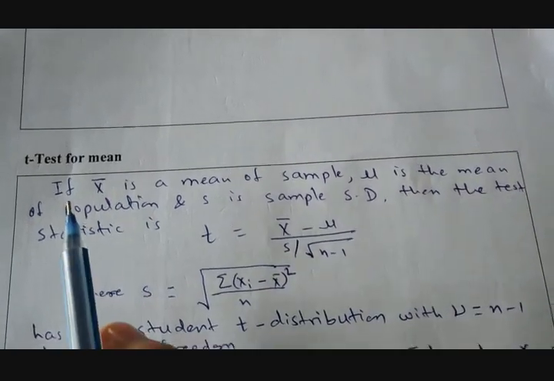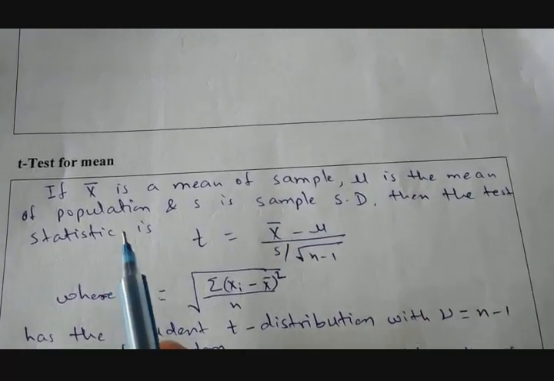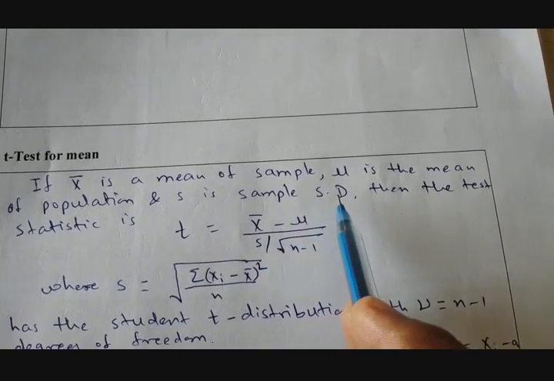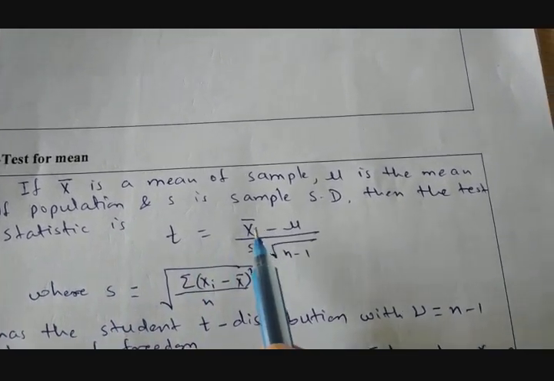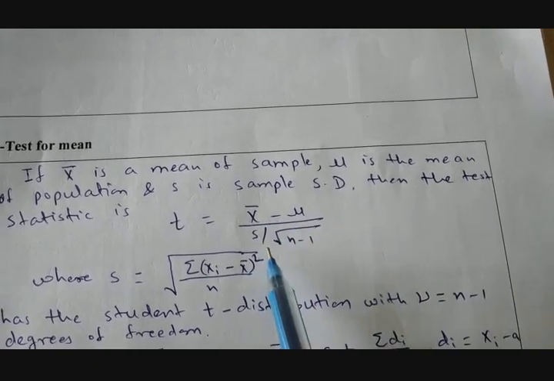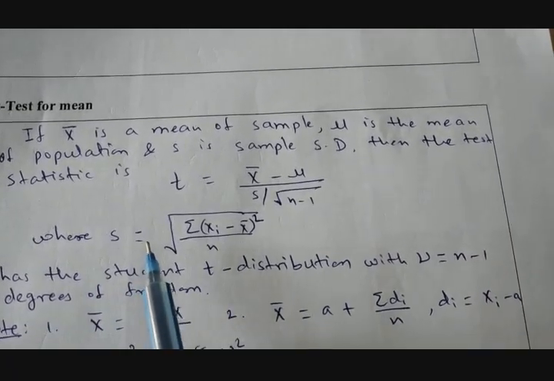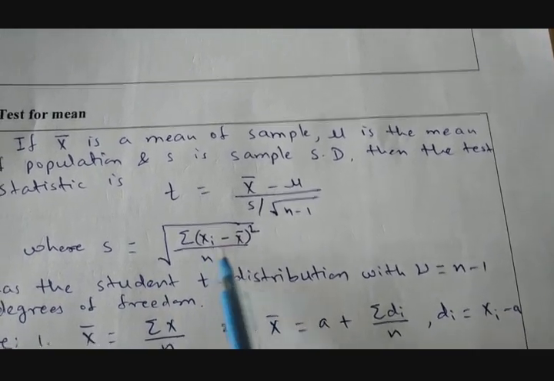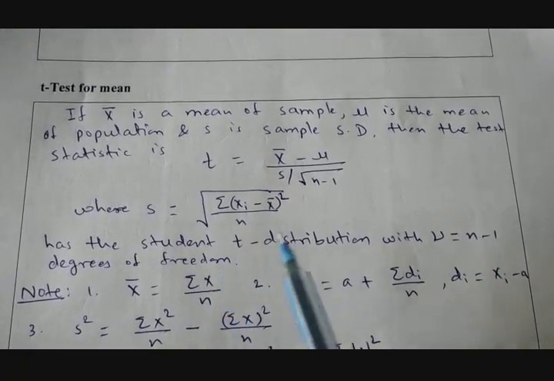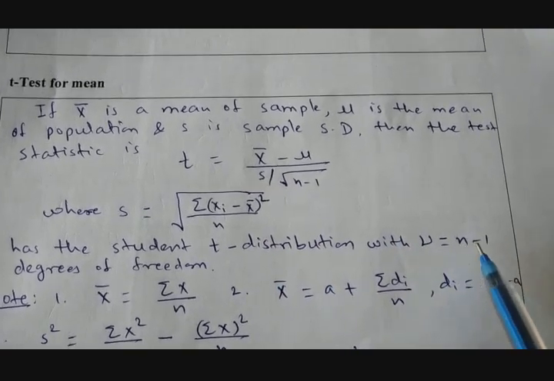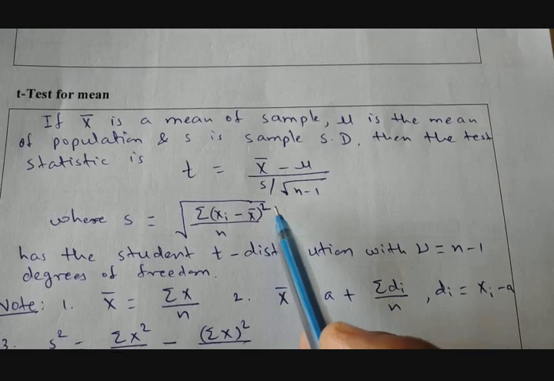If x bar is the mean of the sample, mu is the mean of the population and s is the sample standard deviation, then the test statistic is t equal to x bar minus mu divided by s divided by under root of n minus 1, where s is under root of summation of (xi minus x bar) square divided by n. It has the student t distribution with nu equal to n minus 1 degrees of freedom. So this is called the t-test for small samples.